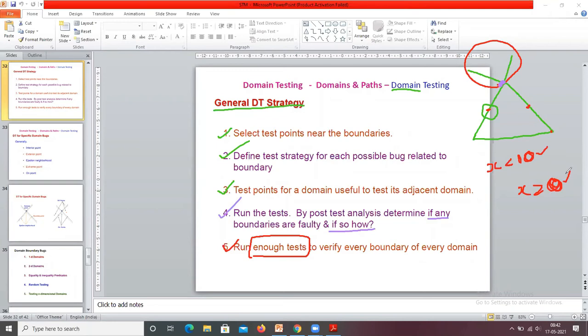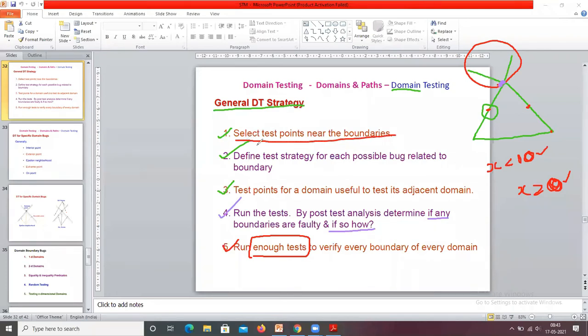So these are the different strategies you are going to follow for domain testing. The domain testing strategy is simple. The first one is that domains are defined by their boundaries. Therefore, domain testing concentrates test points on or near boundaries.